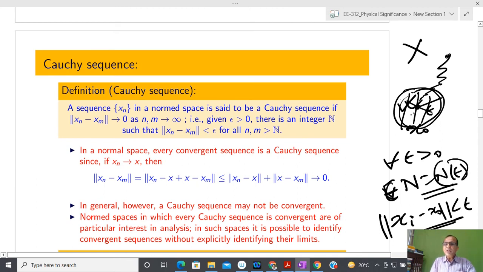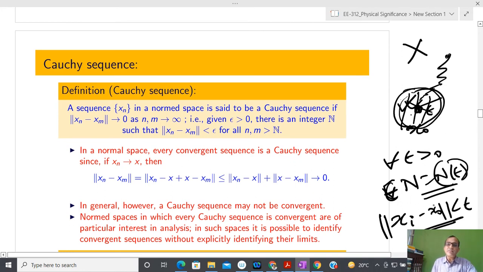Now people try to avoid this kind of information, because it might be possible that I am in some space and some arbitrary sequence is evolving. Most of the time in real situations I do not know the sequence exactly, and due to that I cannot tell what the exact limit point is, particularly when dealing with dynamical systems. Assuming that there exists a limit point and that I know it is a very restrictive assumption.